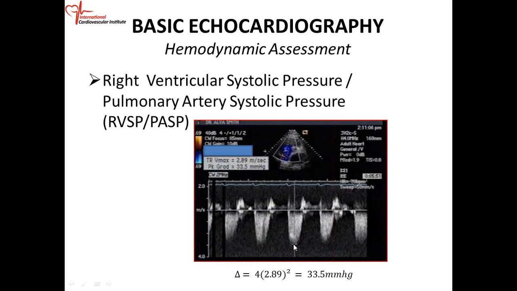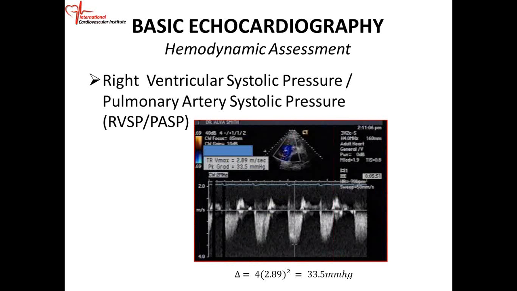If you square this velocity, multiply it by 4, you get the gradient across your tricuspid valve. The gradient is just a pressure difference, which is your right ventricular systolic pressure minus a right atrial systolic pressure. And once you rearrange your equation, then your right ventricular systolic pressure is equal to the gradient plus the right atrial pressure.